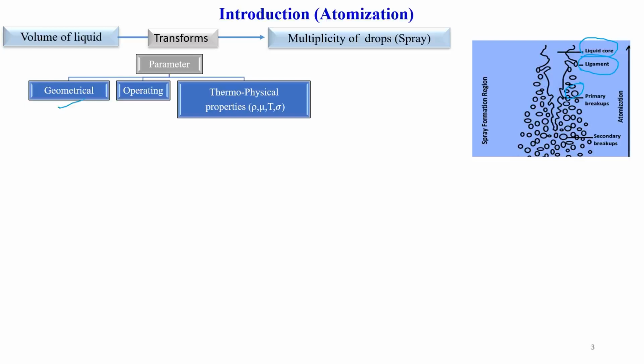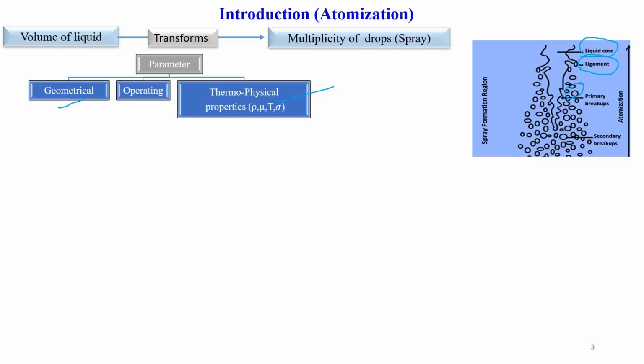First is geometrical parameters, such as atomizer diameter, or whether it is an external or internal mixing atomizer, etc. The second is operating parameters, such as supply pressure of liquid or supply pressure of air, atomizing air, etc. The third important parameter is thermophysical properties of the fluids such as density, viscosity, temperature, surface tension.